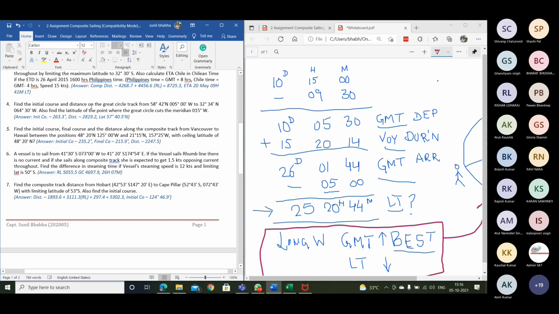Find the initial course and the distance. Also find the latitude of the point where the great circle cuts the meridian 015 degrees west. Beta, this is exactly the same as the intermediate position we saw.